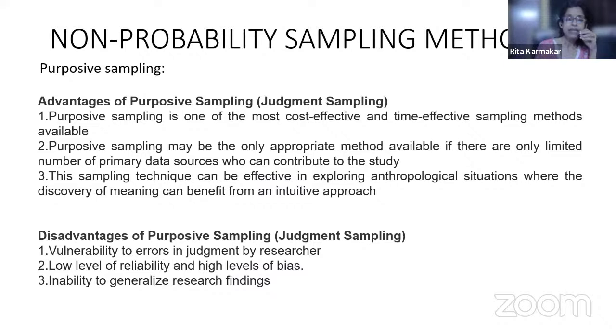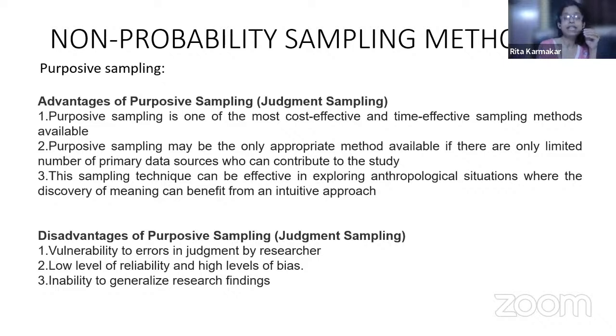Advantages are many. You can do it quickly. You know who your target samples are, so you choose them from the population, and it is cost effective. You don't need to select a lot of people, and it is not ineffective; rather, it is very effective.